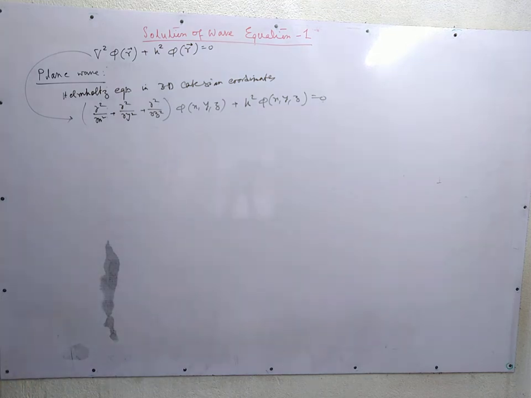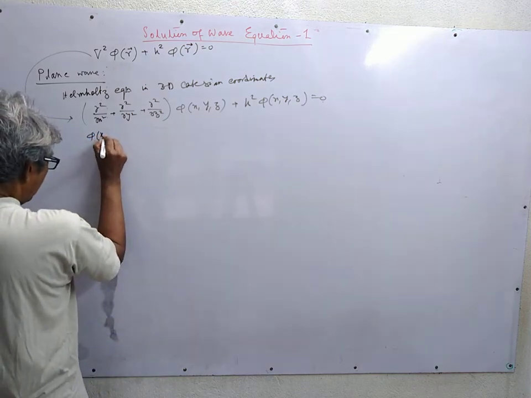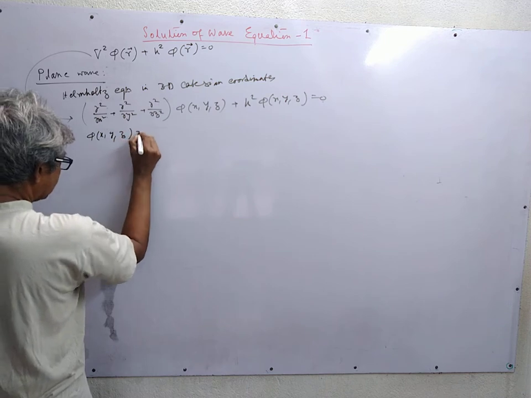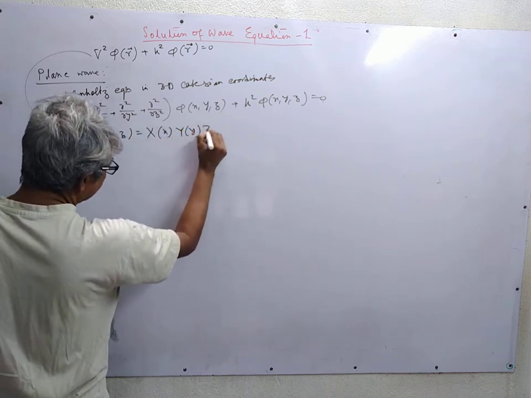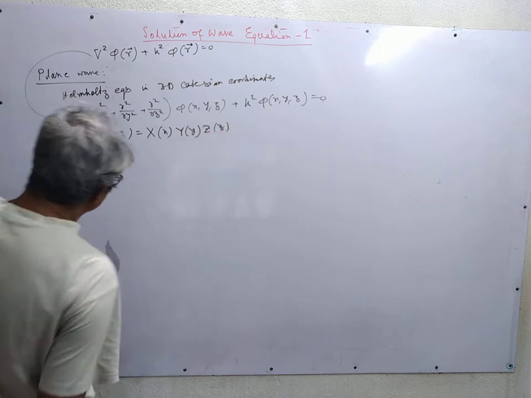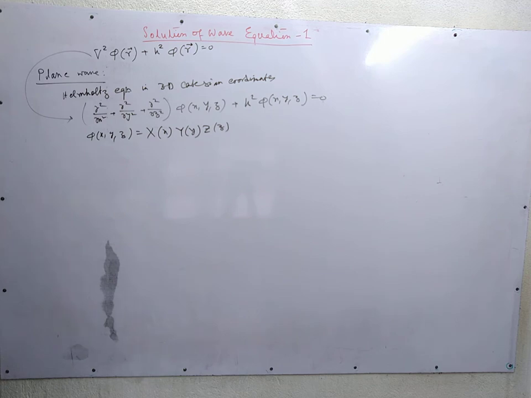As per the separation of variables technique, we use phi of x y z as capital X of x, capital Y of y, and capital Z of z. As per convention, capital X depends on x only, capital Y on y only, and capital Z on z only.